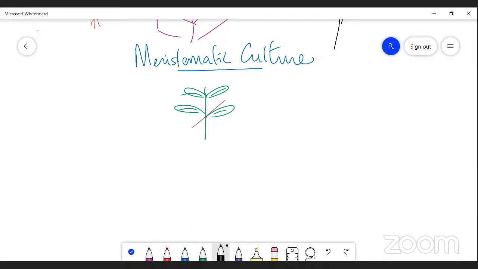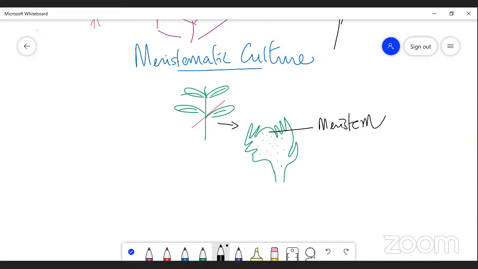After cutting, we can get the growth of the meristematic region or a growing point of the stem. So this is a meristematic region after removal of the leaves.